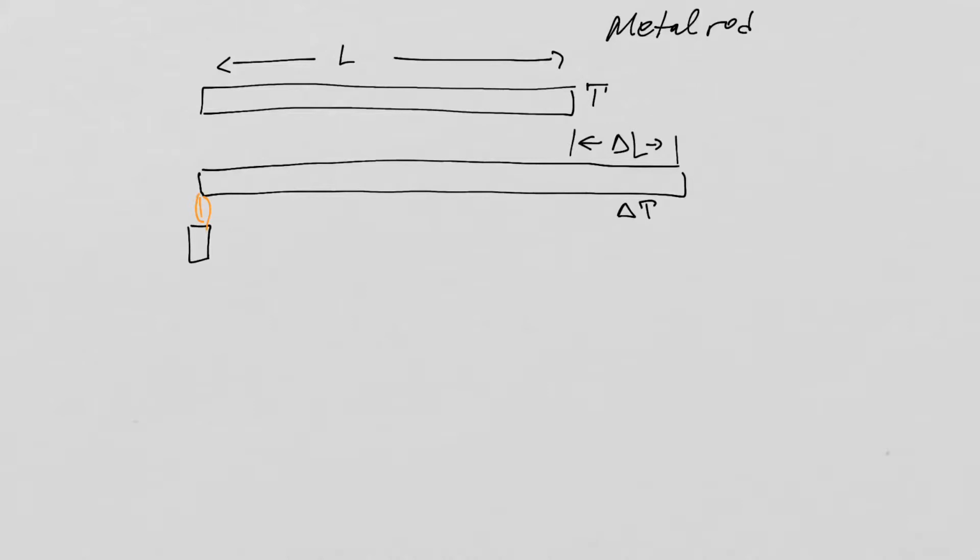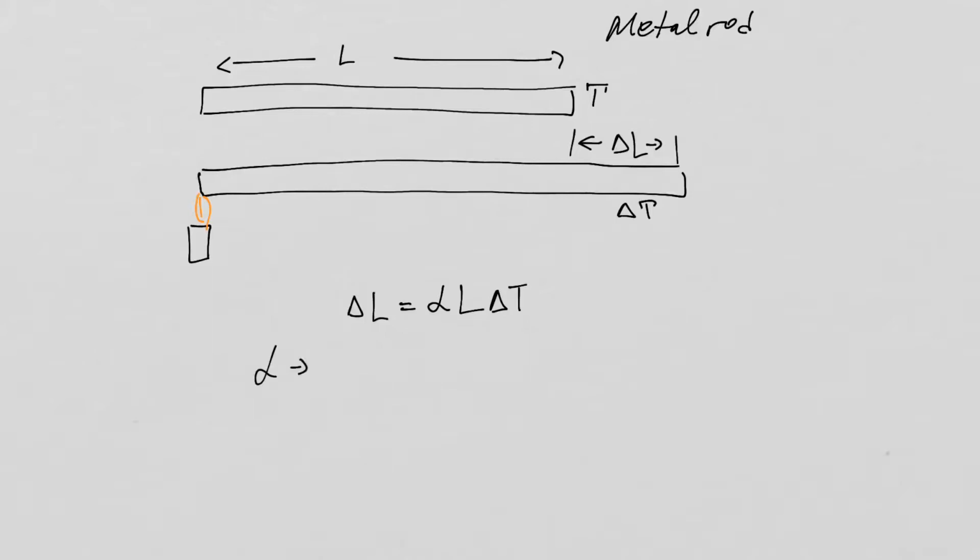So then I can write the relationship between the initial length and the change in length as the formula that I showed on the previous slide. So the change in length is equal to this coefficient alpha, the coefficient of linear expansion, times the original length times the change in temperature.